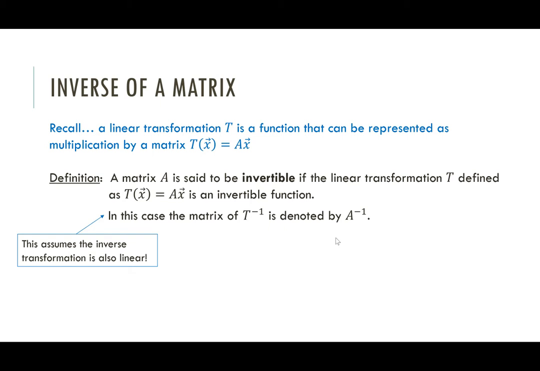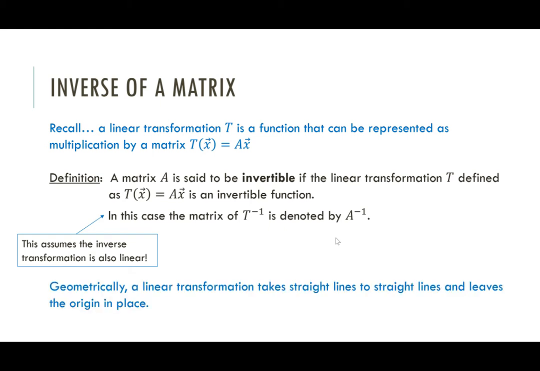I think one way to do it is geometrically. If you remember from that 3Blue1Brown video, geometrically, a linear transformation takes straight lines to straight lines and leaves the origin in place. So if you think about undoing the process, you took a straight line to a straight line, so undoing it, you're taking your straight lines and bringing them back to straight lines.